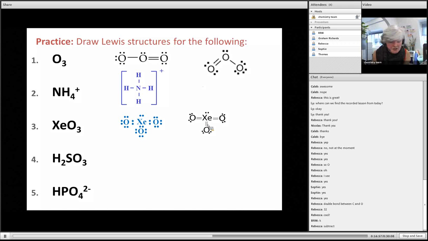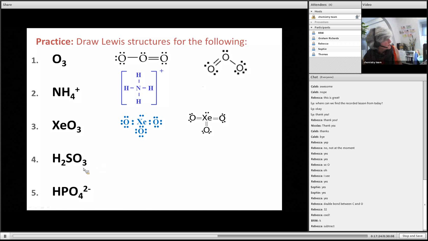Once you get into the 3rd energy level or higher, and particularly higher, there's a lot of extra orbitals you can use, so you don't have to obey the octet rule, and that's why xenon can have quite a lot of electrons around it. So only those in the 2nd period must have an octet. The others, you could have more.